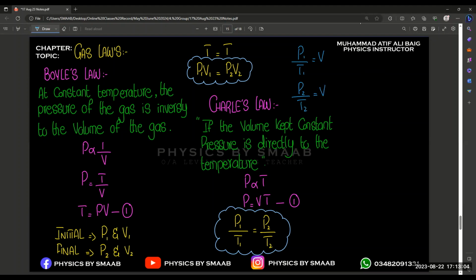Isn't temperature over pressure equal to volume? Yes, if we use the triangle method, you can also write that. That is also possible, only the positions will be shuffled.